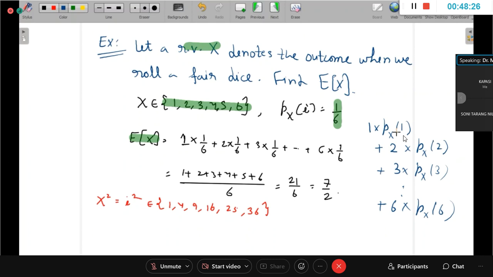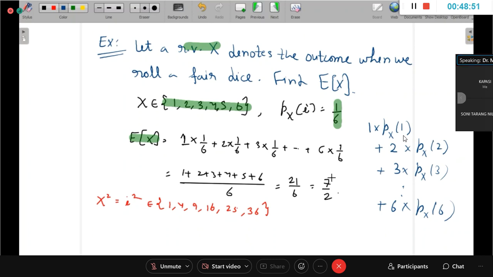Now these all are equally likely, so you can take 1/6 out, and it is 21 by 6, you can verify. 1 to 6 sum is 6 into 7 by 2. So this is nothing but the average of these. If you take the equally likely case, it's nothing but the mean.